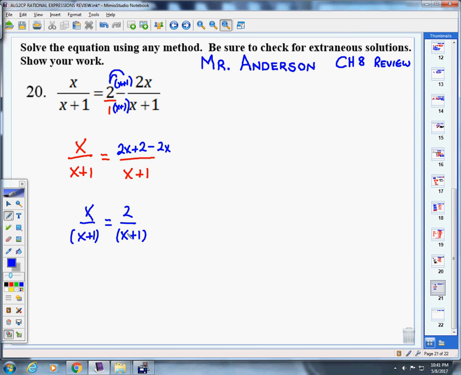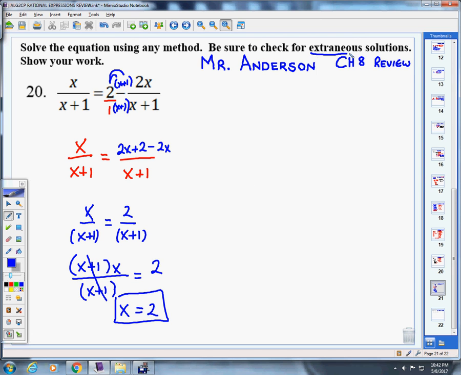That's going to give me x plus 1 times x over x plus 1 on this side, and on this side I just have 2 over 1, or 2. Well, the x plus 1 over x plus 1, those cancel out. And that leaves me with x equals 2. All right, so there's my possible solution.